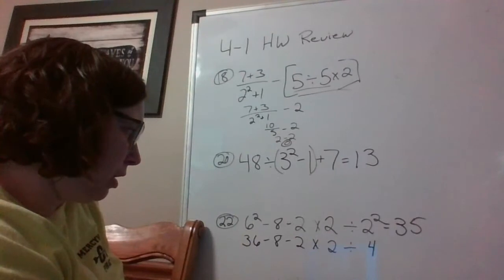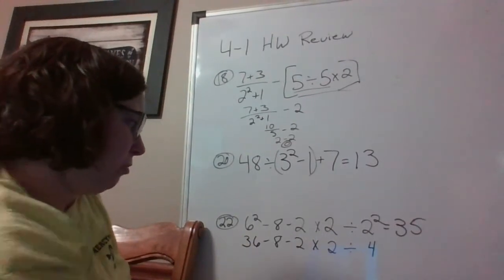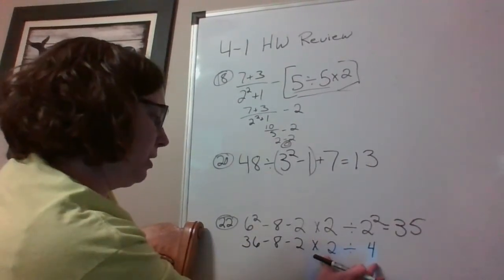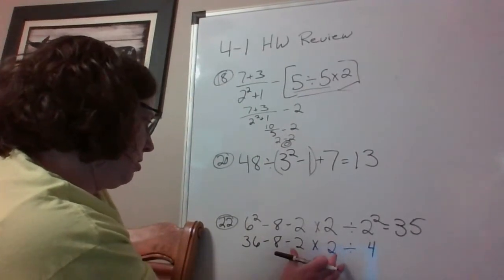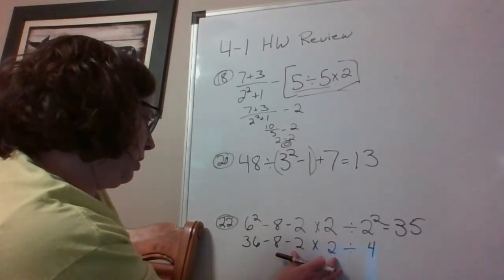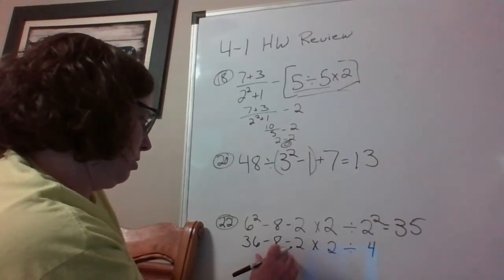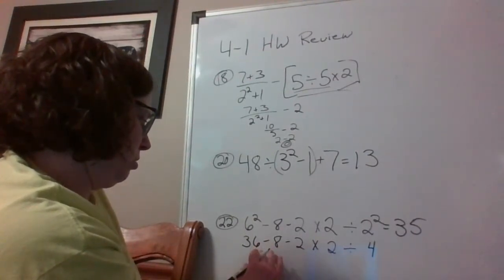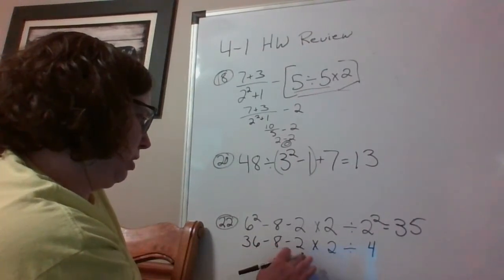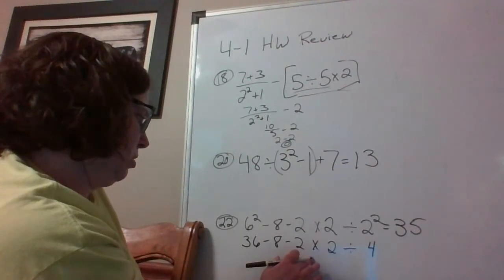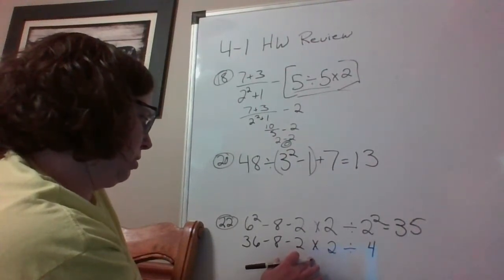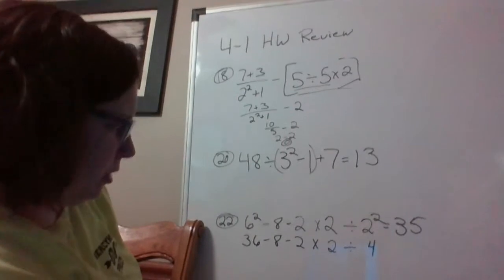So let's try, what if we put it around? No, we said that wasn't going to work. If we put it here, this would be 4. I think I just did that one. 28 minus 4 is 20. That's not going to work either.